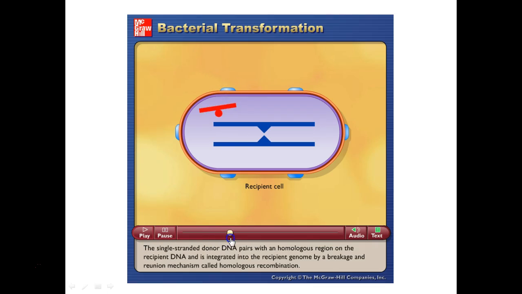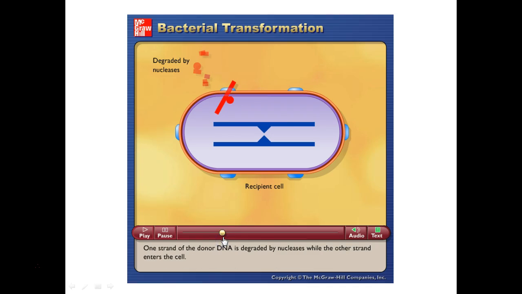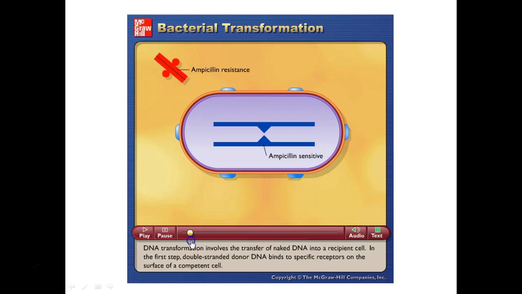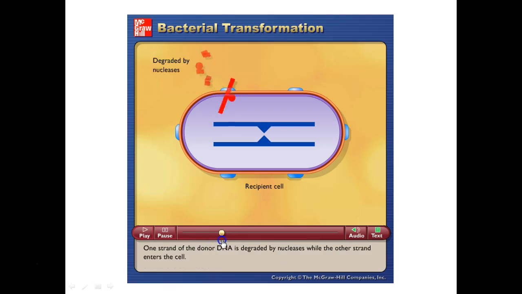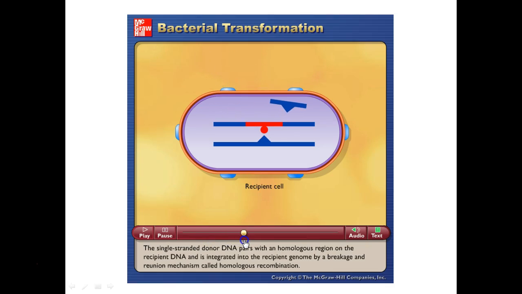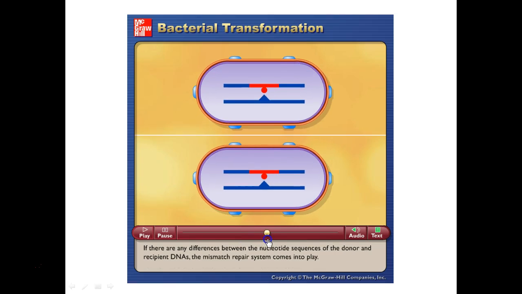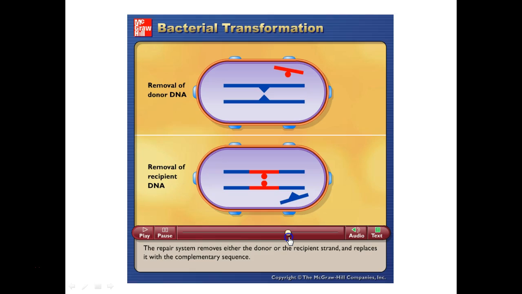And then they have to choose where they're going to stick it. So in this case, there's some nominal gene that doesn't give them ampicillin resistance. It's actually making them sensitive to ampicillin. So in this case, they replace it. And so then they have to replace the other side, right?